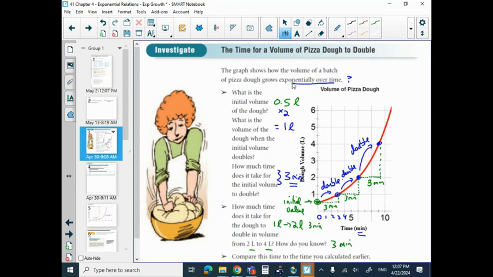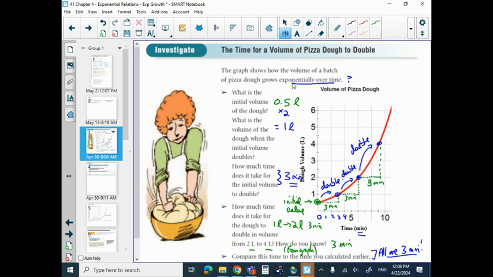Well, it's from the graph, just reading from the graph. And then it says compare this to the time you measured earlier. Obviously, they're all the same. So basically it's getting you to recognize that the situation we're talking about here is that it's always doubling in 3 minutes. So that is an exponential relationship.